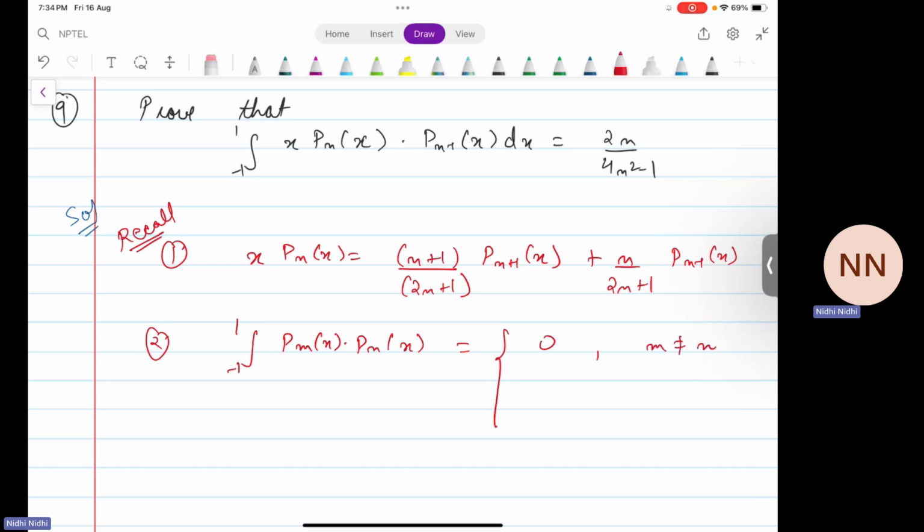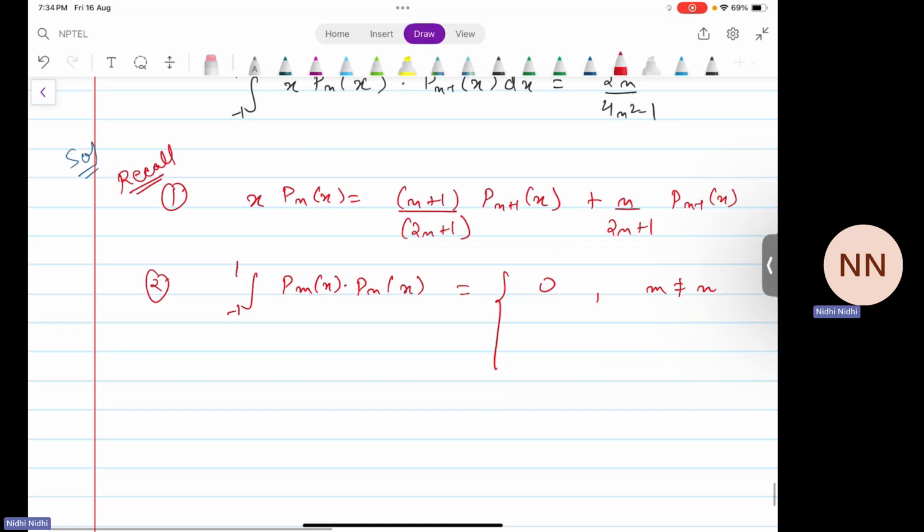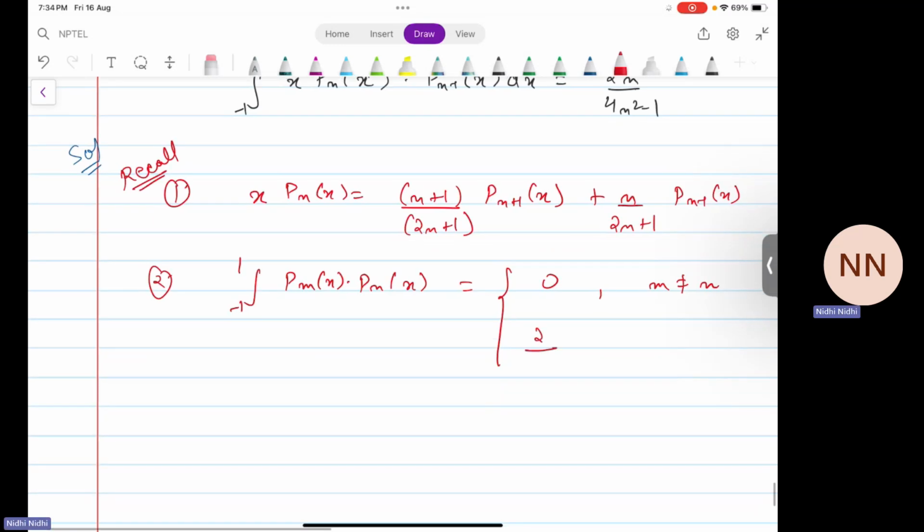This property is called orthogonality, and it is equal to 2/(2n+1) when m is equal to n.